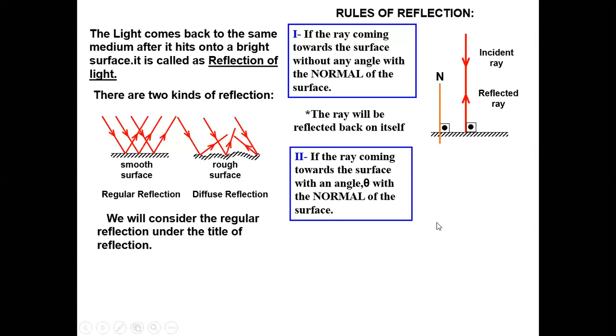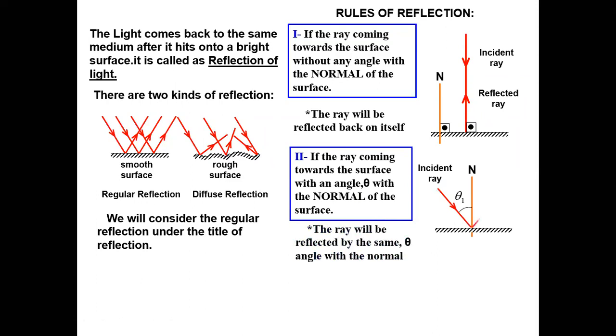If the ray comes towards the surface with an angle theta with the normal of the surface, it is going to be reflected at the same angle theta. It could be theta 1 and theta 2. Here, the incident angle is theta 1 and the reflected angle will be theta 2. Theta 1 and theta 2 must be equal because the surface is smooth.